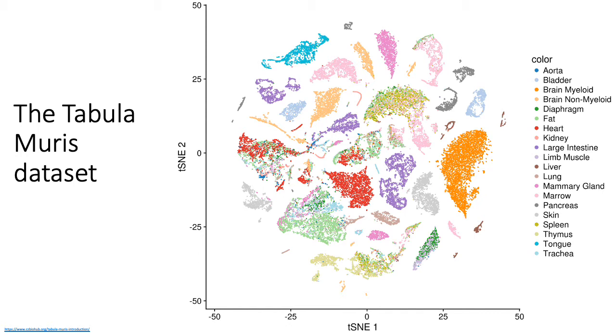And so through comparing different clusters of cells and trying to figure out which clusters express which genes, you can guess what kinds of cells you've sequenced in your dataset.